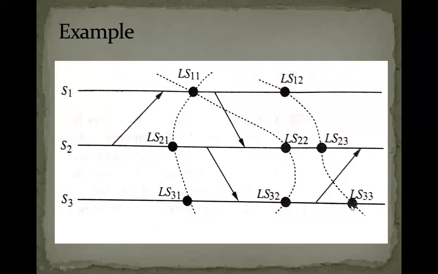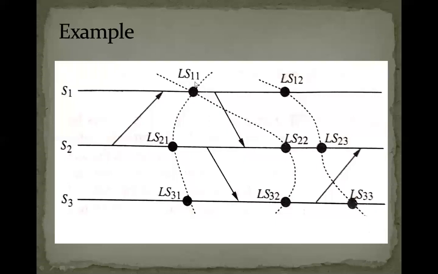And at this moment, process S3 is showing that a message has been sent, but it is in transit. So the global state taken at this moment, shown by the dotted line, is consistent. This is consistent.